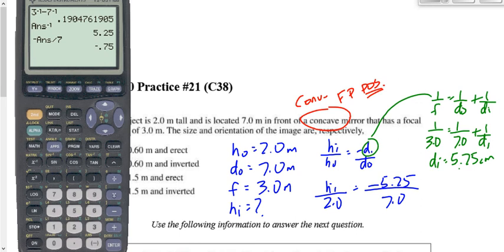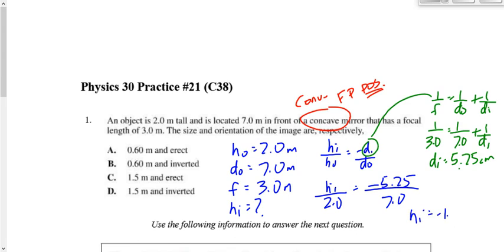We multiply that by 2, and we're going to get negative 1.5. So we're either dealing with C or D. Is it right side up or is it upside down? And how do you know? Yep, good. It's upside down because of the negative. The answer is D.